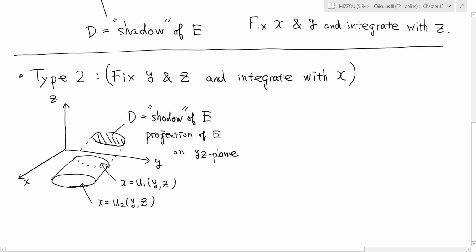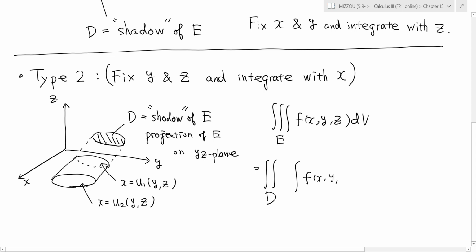And then in this case, the triple integral of dV is written as a double integral over this shadow, and then you first integrate with x, where x goes from u1 to u2, and dA.